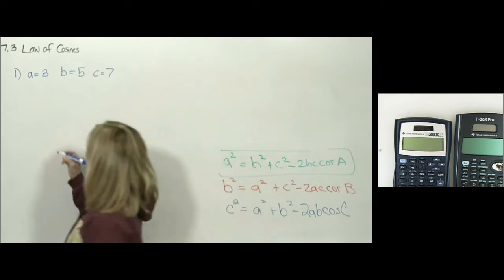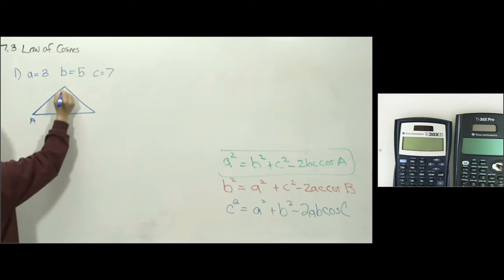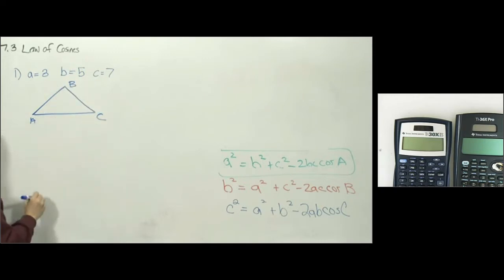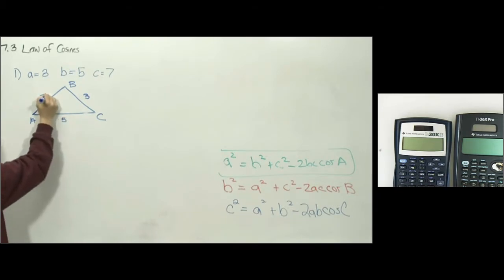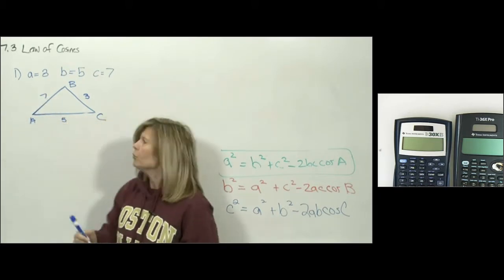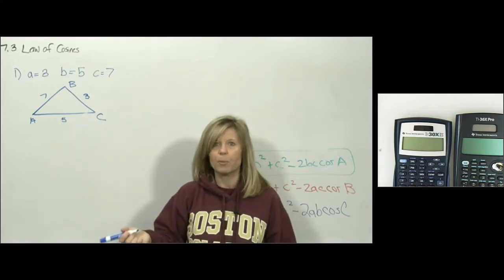Now, you're probably saying, why can't I use law of sines? Well, let's look at our picture. Let's draw an oblique triangle. Let's label our sides 3, 5, 7. If you thought you were going to find a missing angle by using law of sines, here's your problem.